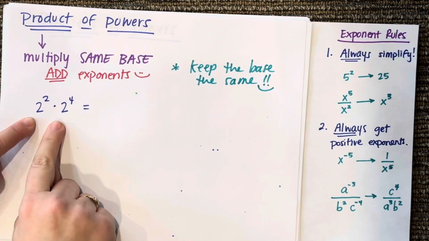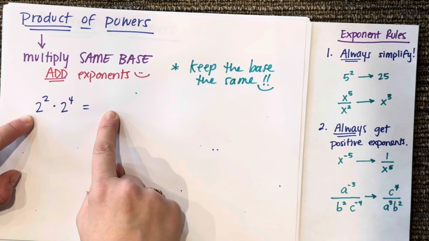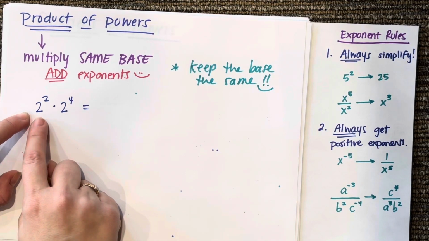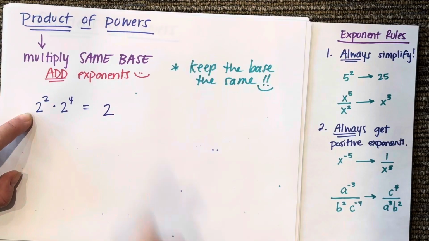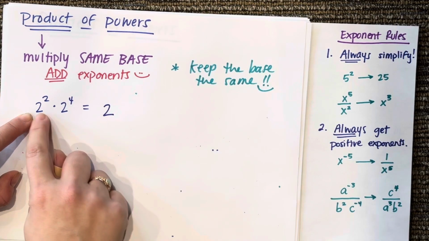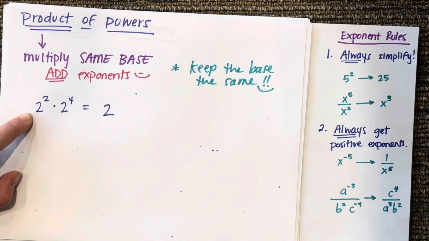One of the things I see students do is they'll go like 2 times 2, and then they'll end up with a new base of 4. Don't do that. Your base stays the same. So your base is still going to be 2. And now your exponent, since I'm multiplying the same bases, I'm just going to add my exponents, 2 plus 4. So I should get my answer of 2 to the 6th.